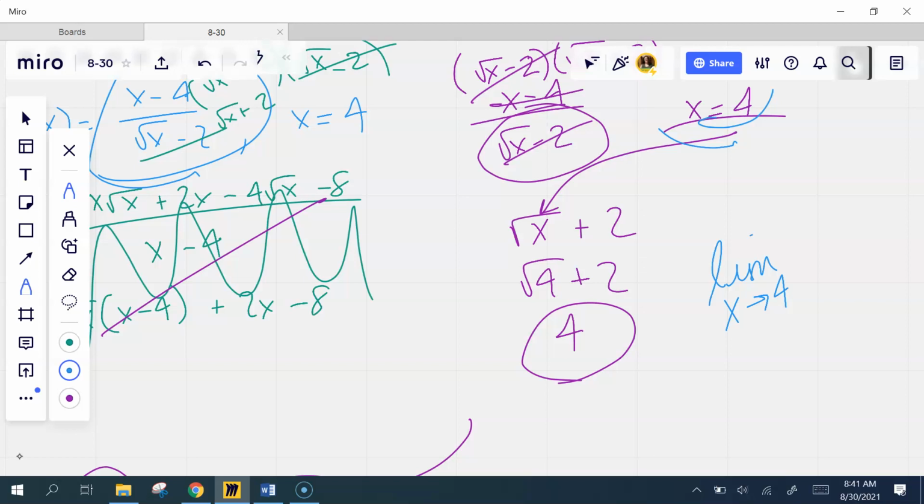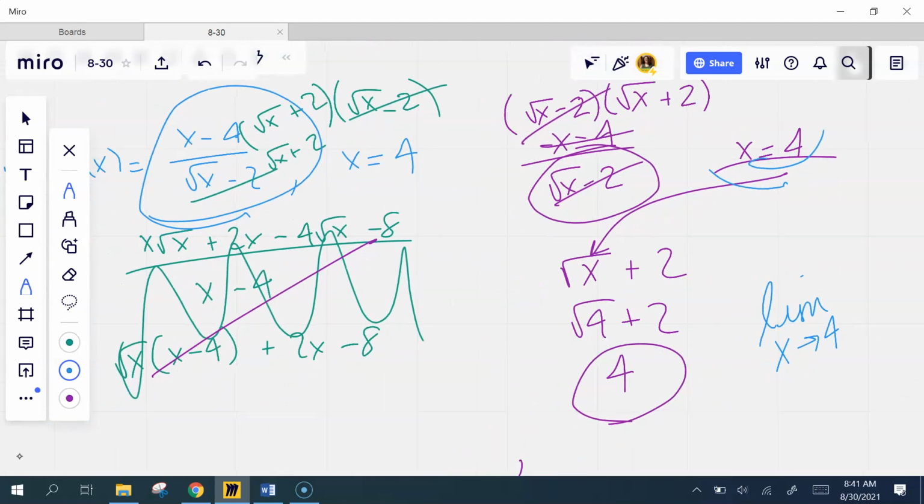I would always do that with the original function and then plug the hole. Limit, right, whatever that limit is.